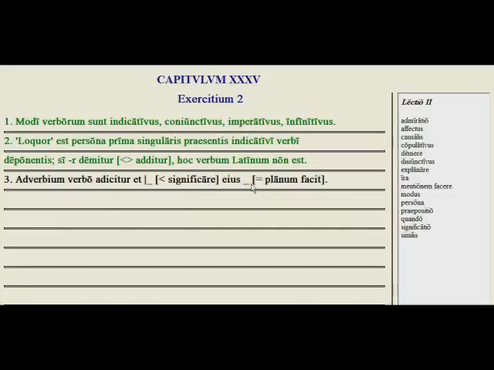Actually, we can't do that verb yet. We have to do this first. So, and explains or makes plain, it's a word from significare, to show, to signify, and that word was significatio, but it's the object of planum facit, so it explains its significance or meaning, and so we want significationem. And now we can put explanat.